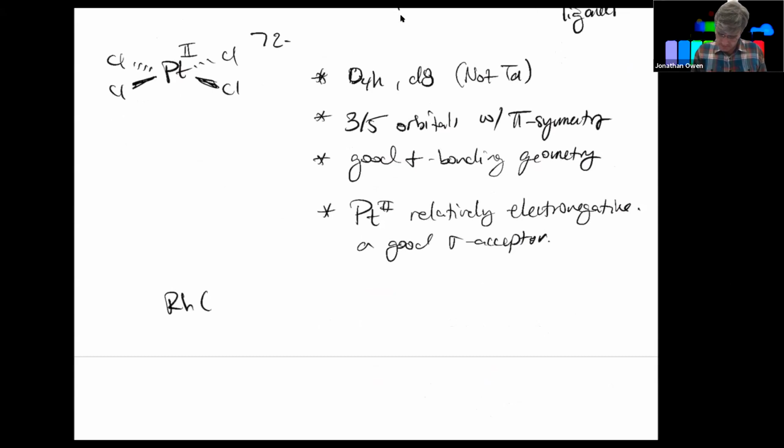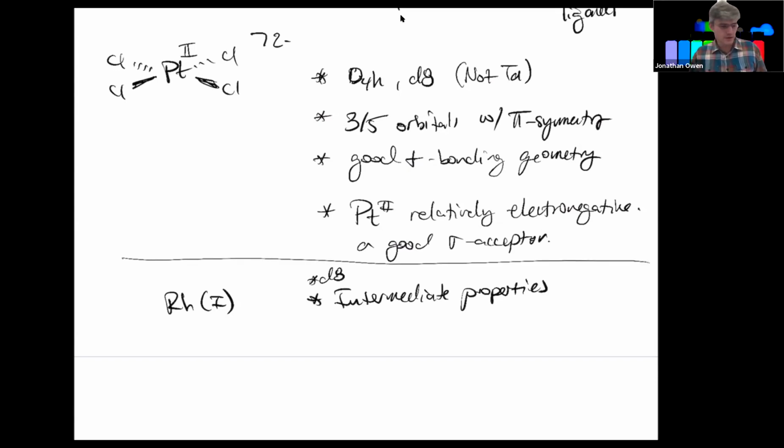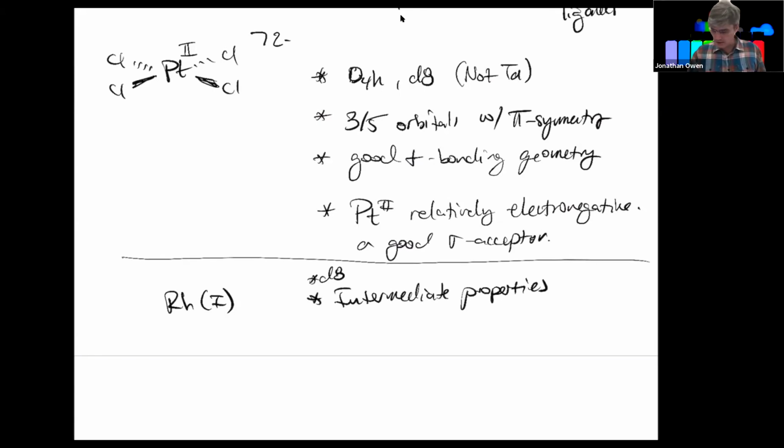Rhodium 1 is also d8. It's intermediate. It has intermediate properties, and it supports both sigma and pi bonding geometries.